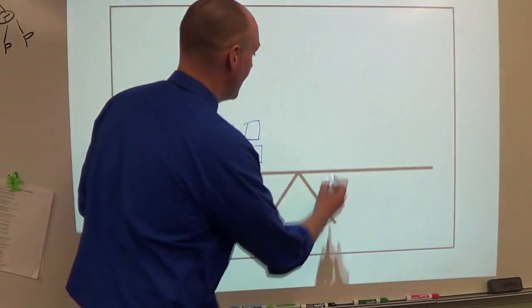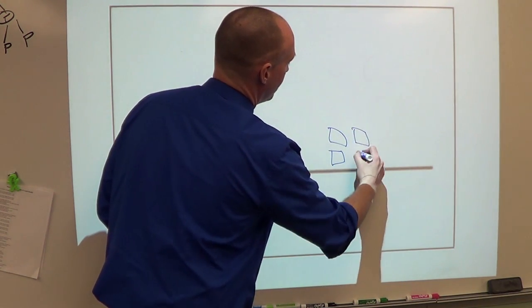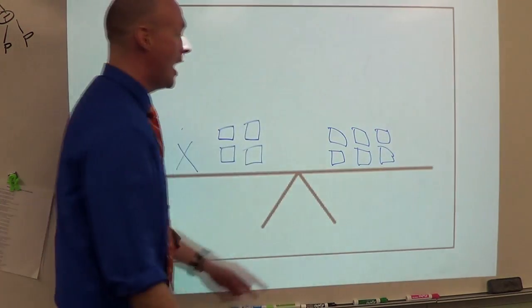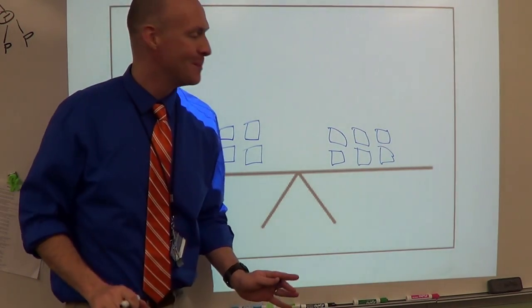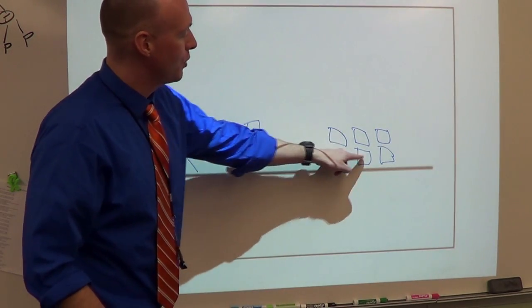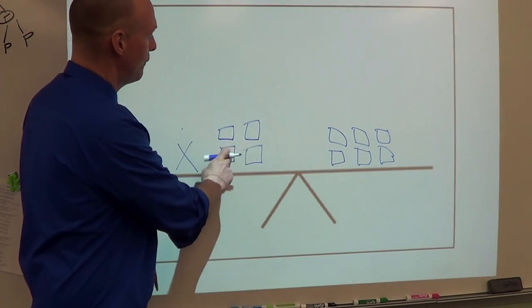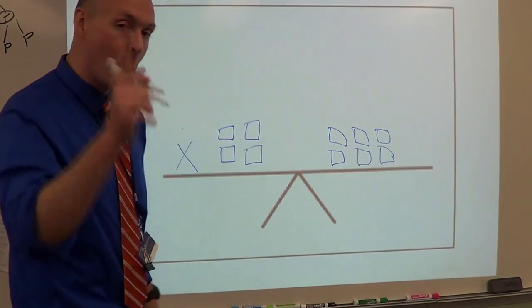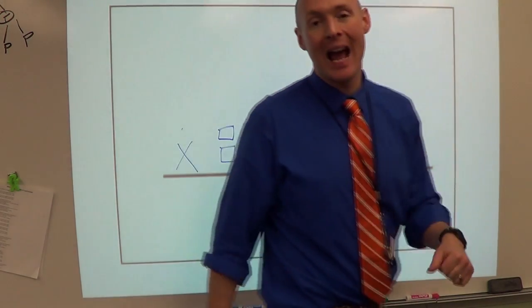And over here, I put 6 blocks. I know they're not perfect squares, but you get the idea. So here I have 1, 2, 3, 4, 5, 6 blocks. And over here I have 1, 2, 3, 4 blocks. And my balance is even. So what we have to figure out is, how many blocks does that x represent?